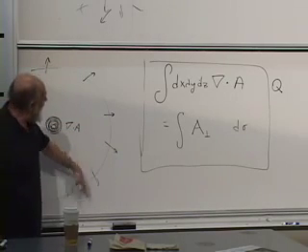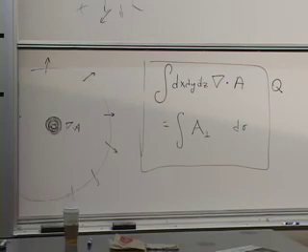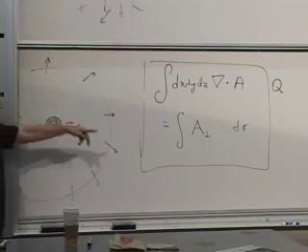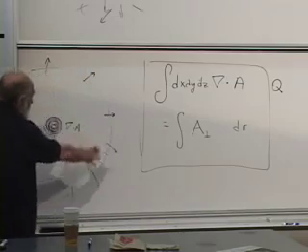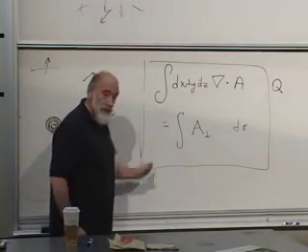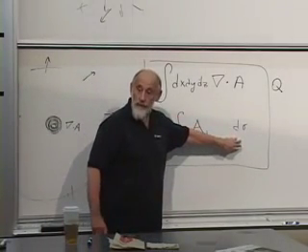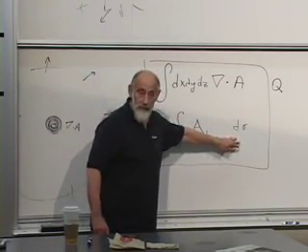Why is it the same? Because everything has spherical symmetry. Spherical symmetry, the A that appears here, is constant over this whole sphere. So this integral is nothing but the magnitude of A times the area of the total sphere. Right?